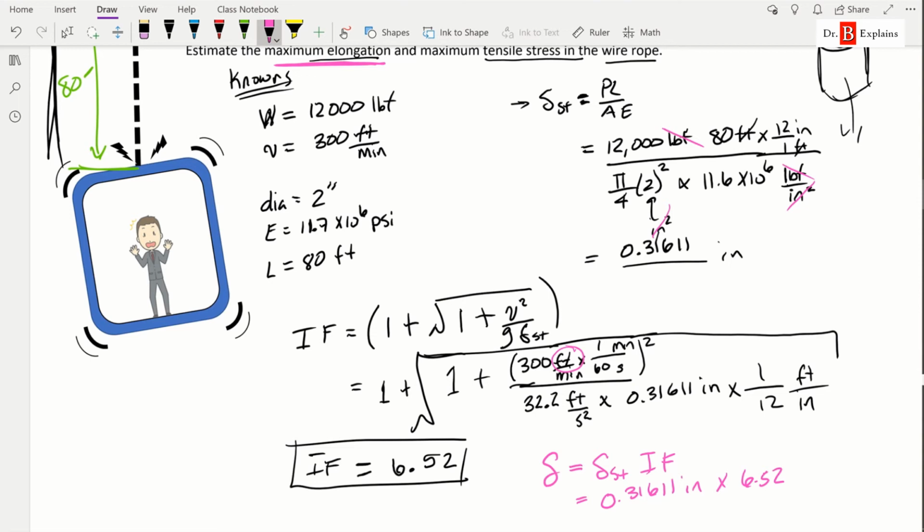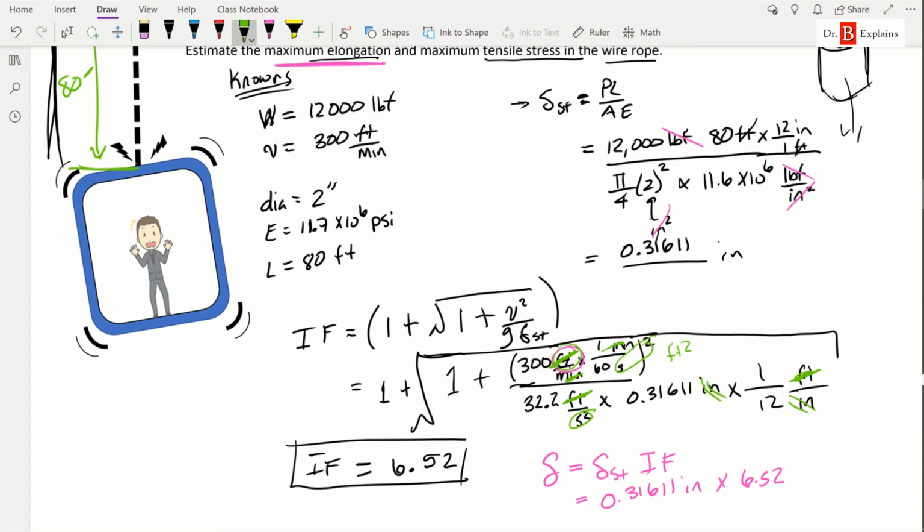Just to double-check, let me go through the units. The foot on top is going to cancel with this one. Minutes cancel with this one from the conversion. Then seconds squared is going to cancel with that one. What else? Remember this foot on top gets squared, so I have feet squared on top. One cancels here, the other cancels with this other one, and the inches were canceled from the unit conversion.